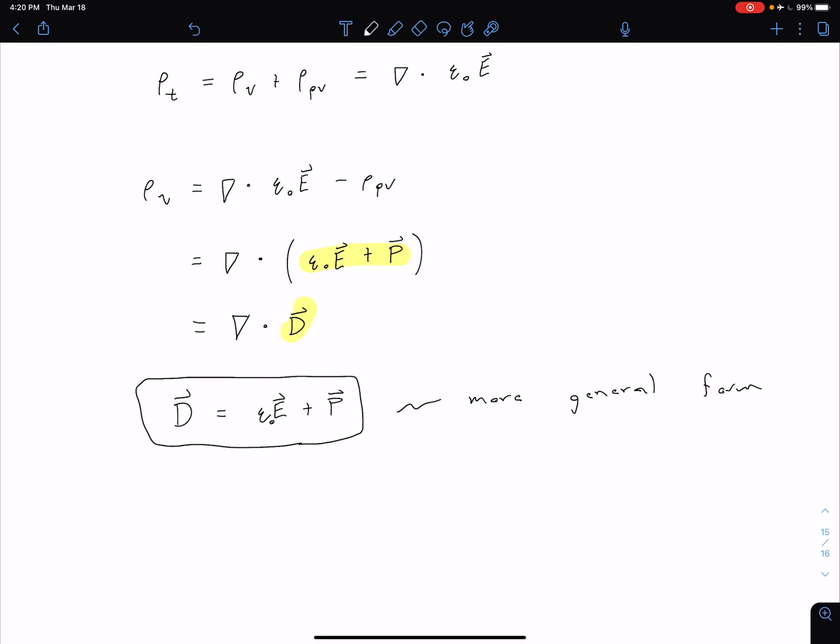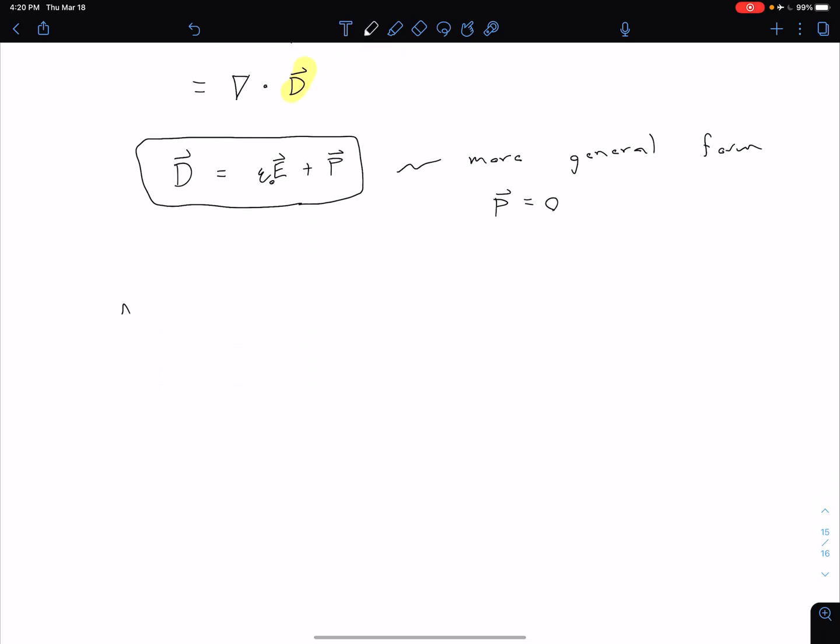Previously we had just assumed that our polarization was equal to 0, because we just had D equals epsilon naught E. So from this, we can see that the net effect of this dielectric material on our electric field is to increase our electric flux density D inside the dielectric by an amount equal to the polarization.